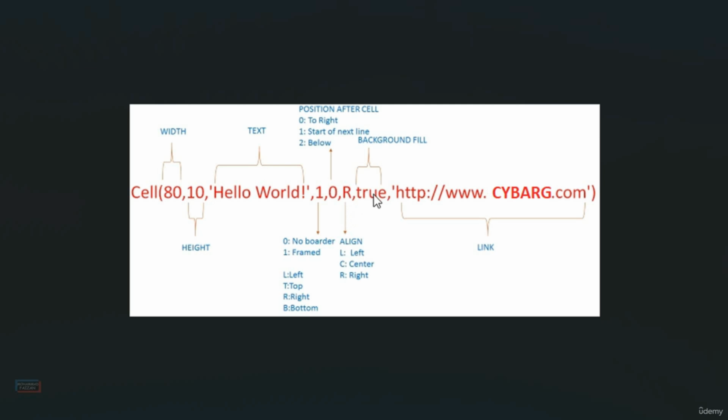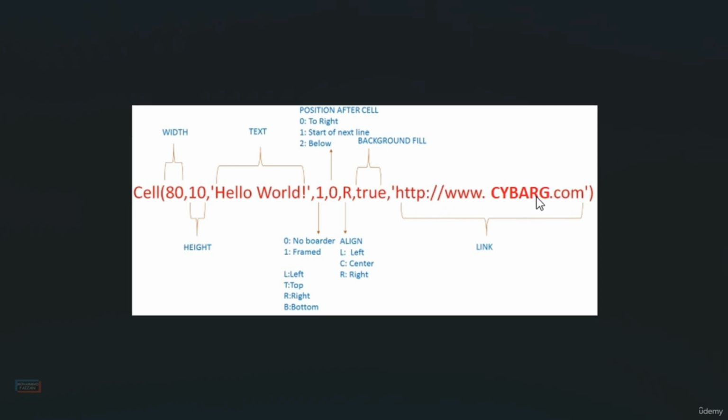And in the seventh parameter we give true or false for background fill. If we want to fill the background, we give true. If we don't want to fill the background, we give false, or we can keep it empty. And in the eighth parameter we can define the link. I hope you got this.